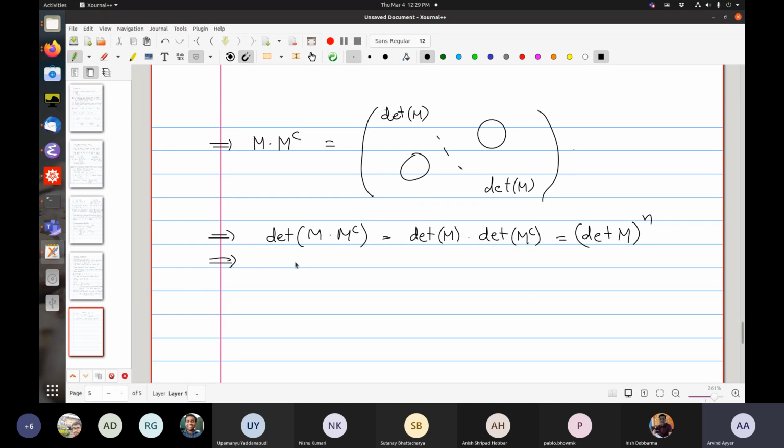And so determinant of mc is determinant m to the n minus 1.